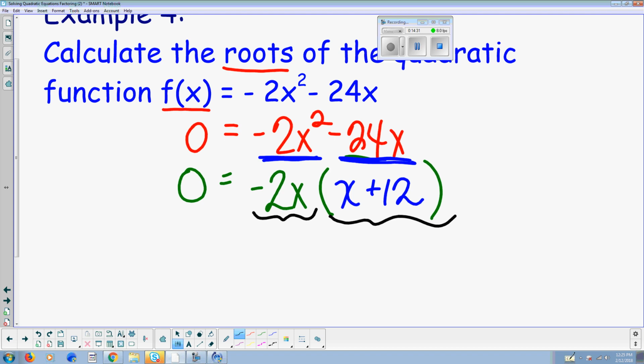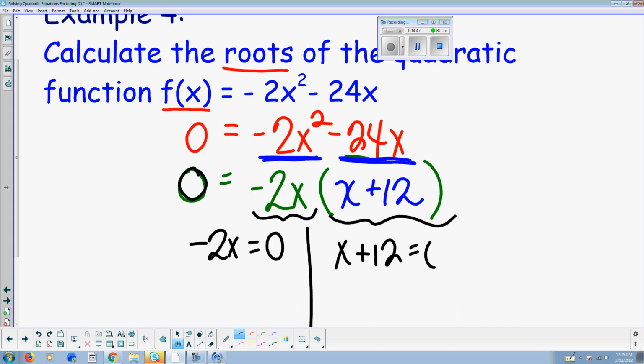The zero product property says if I've got this equal to 0, then one of these factors has to equal 0. It could be either one, since they both contain x. So we'll set each factor, negative 2x, equal to 0, and x plus 12 equal to 0.